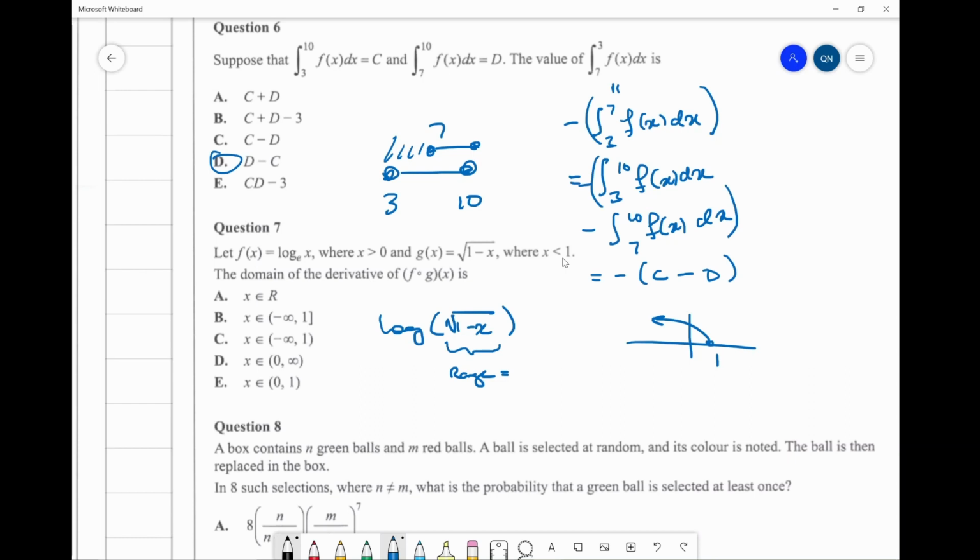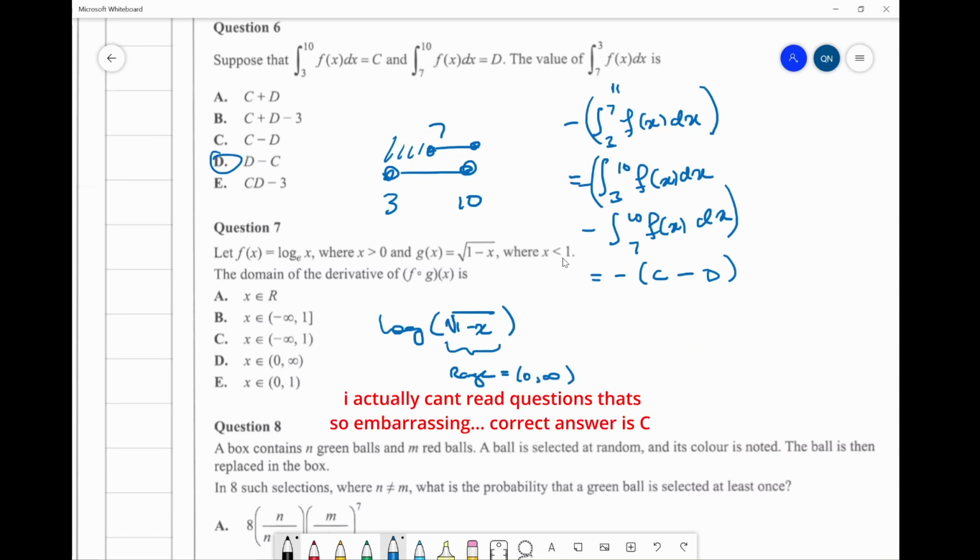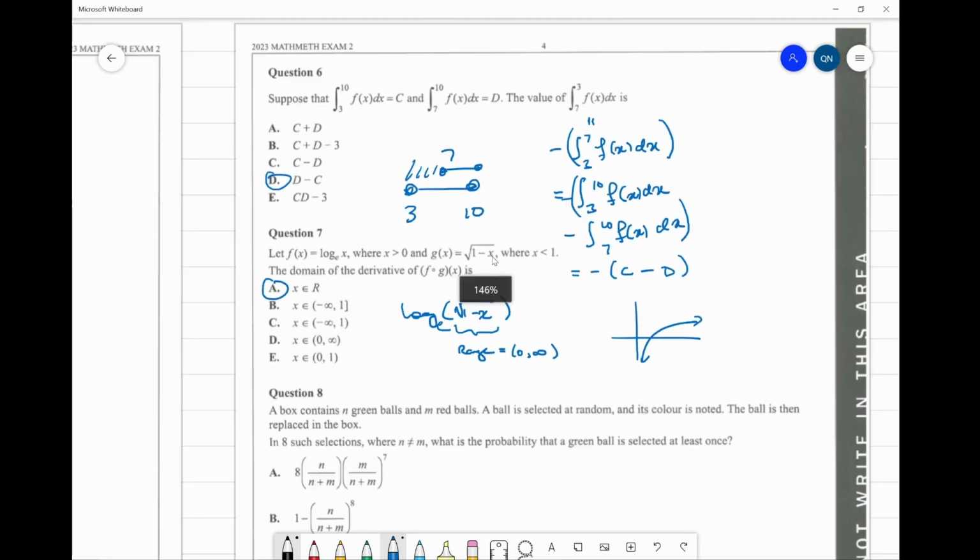But because we're not including 1, the range is actually from 0 up to infinity, not including 0. That works out nicely because we plug this range into the logarithm, which is defined on 0 to infinity, so the range is just R. So option A.